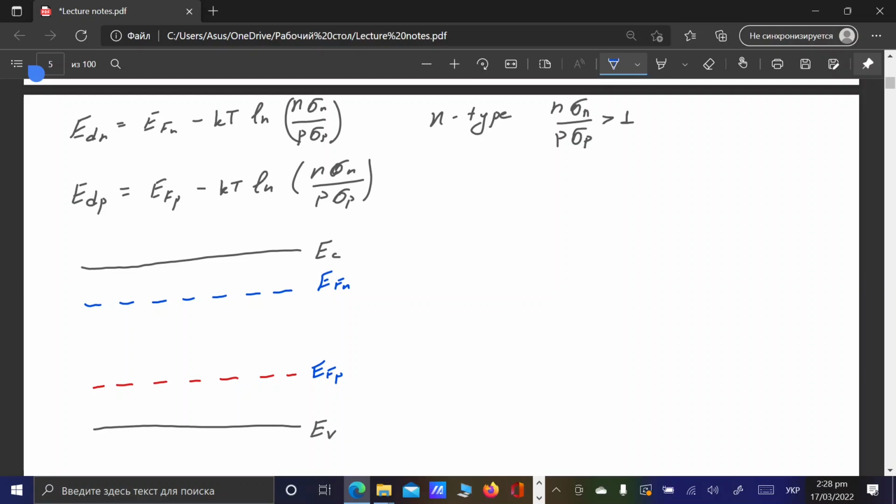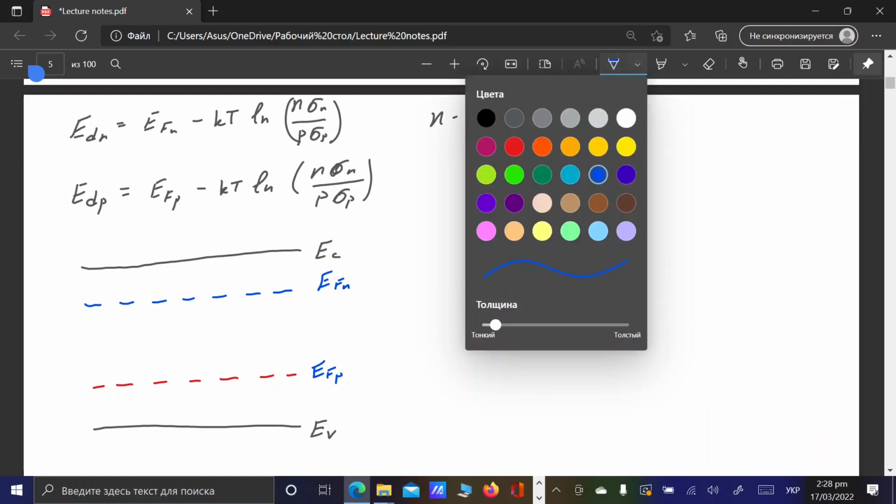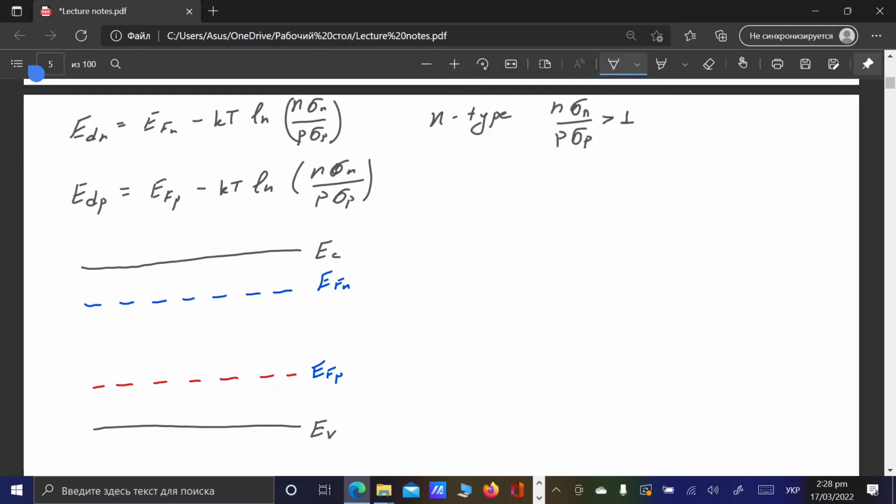If this ratio is larger than unity, our demarcation energy levels, both for the electrons and holes, will be located lower than the respective quasi-Fermi energy levels for electrons and holes.